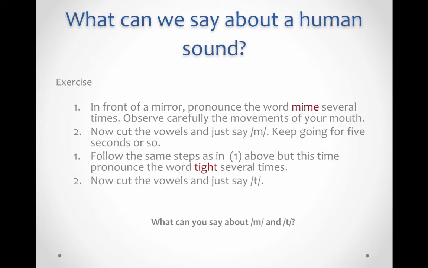What can you say about m and t? So write some ideas on a piece of paper. Stop the video at this time and take your time to do this exercise and write as many things as you can observe.